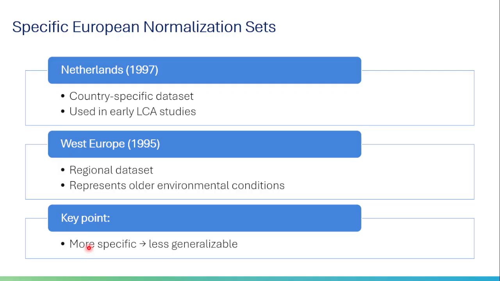For most applications, EU25 or EU25+3 are preferred over these older data sets. That is the normalization in 1997 for the Netherlands, but as you know, every piece of information or data may change from time to time.